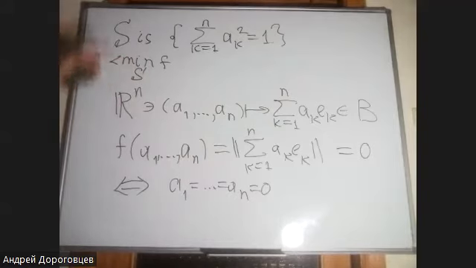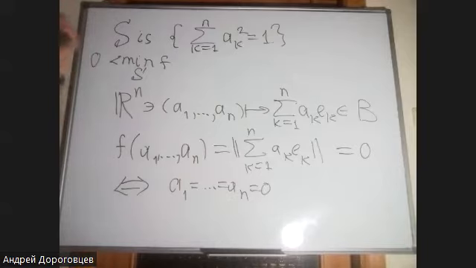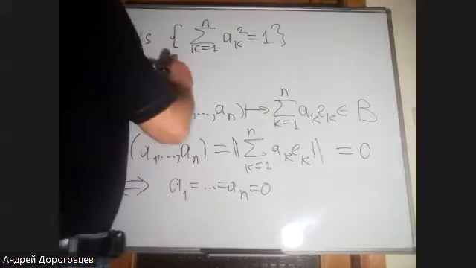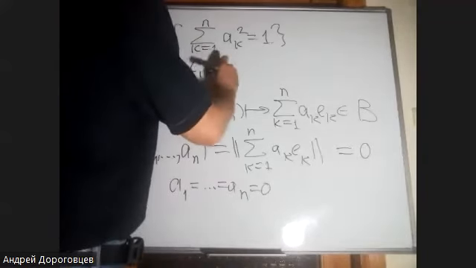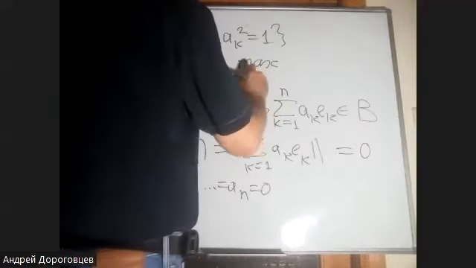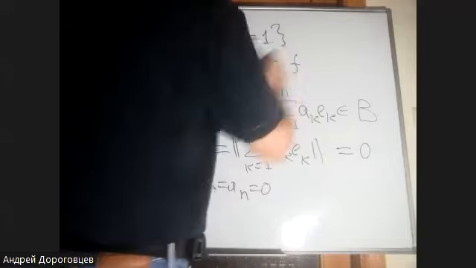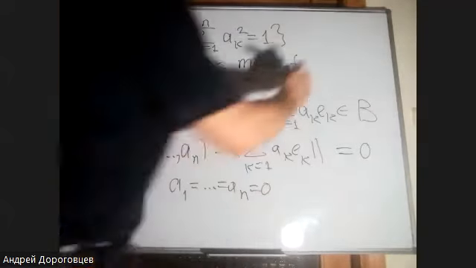Yes, it is a continuous function, it is not equal to 0, so it has its minimum, and this minimum must be greater than 0. I will denote it by C1. Also, it is less or equal than the maximum on S of the same function, which I will denote by C2.